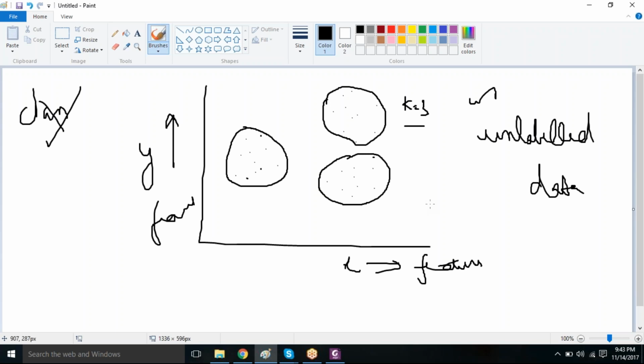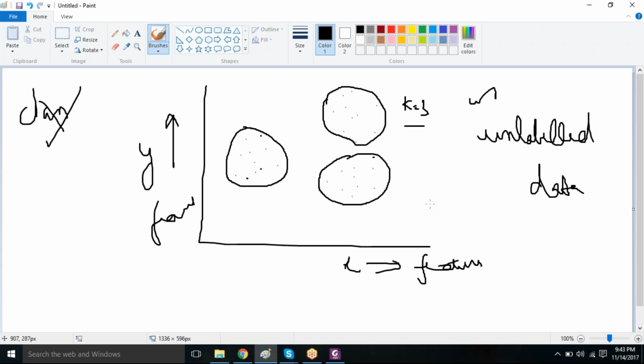You got the point. Basically, in unsupervised learning, we have to find how many groupings, how many clusters there are. If a few points are clubbed together in a cluster, then they will be similar kinds of items.